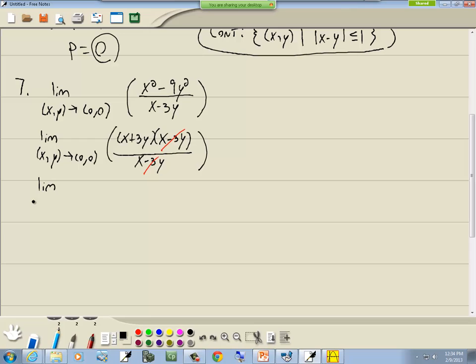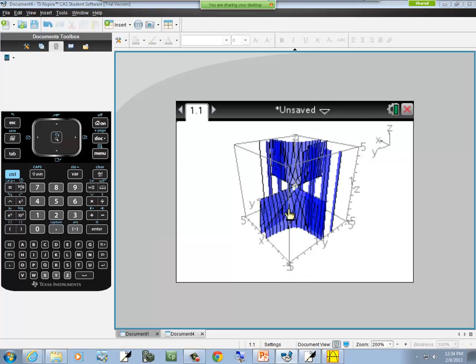And we're left with the limit as x, y goes to 0, 0 of x plus 3y. Now we can just plug in our values at this point. So put 0 in for x, 0 for y. Remember, this is x, this is y. So we get 0 plus 3 times 0, which gives us 0. Which is what it looked like from the graph.